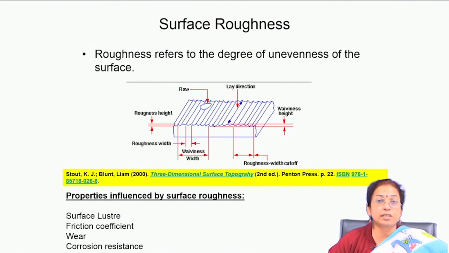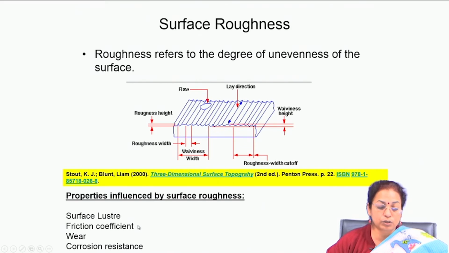To some extent it is generated because of the processing operation the surface has undergone, as a result of which many properties are influenced, like luster, friction coefficient, wear, and corrosion resistance. Luster is influenced because the higher the roughness, the more scattering sites there are, as a result of which the surface loses its reflectivity and luster is lost.